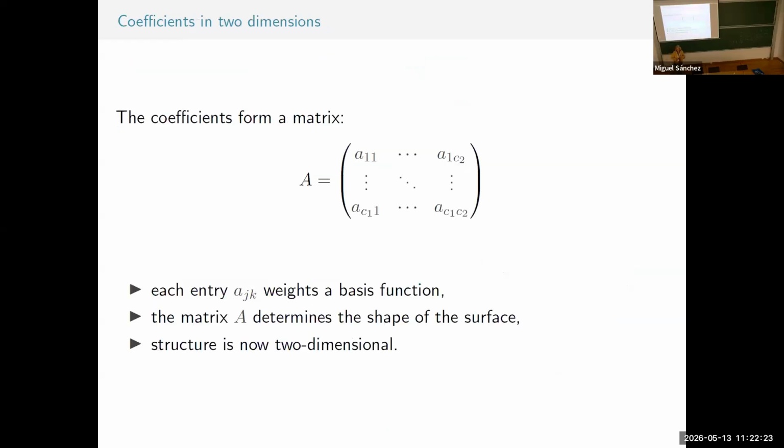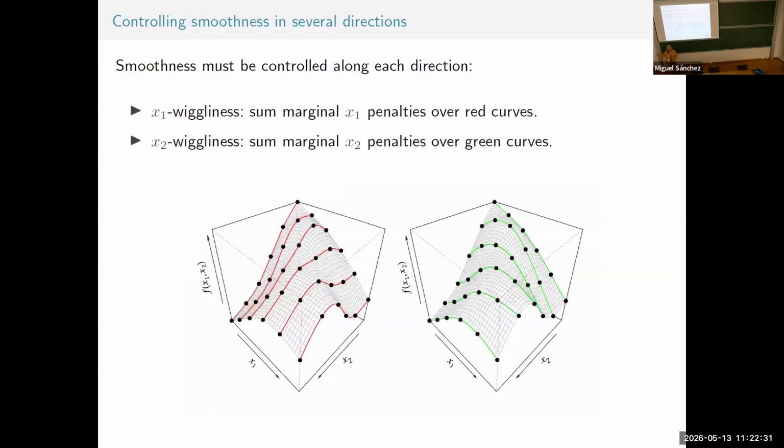So how do I control the shape now if I don't want to choose the knots? Well, I'm going to penalize this. I have a grid of knots, and I'm going to calculate penalties in one direction and sum them, and then in the other direction and sum them.